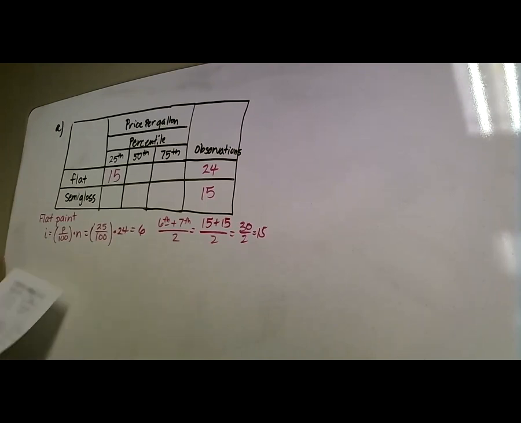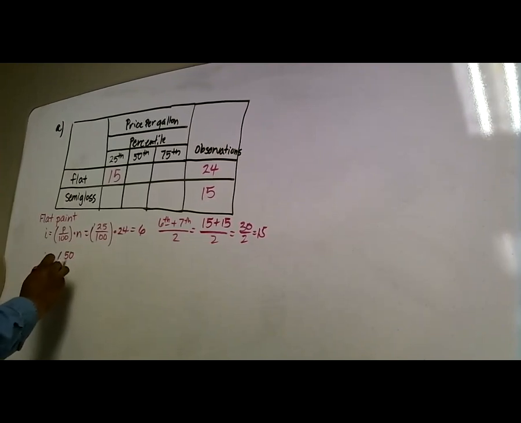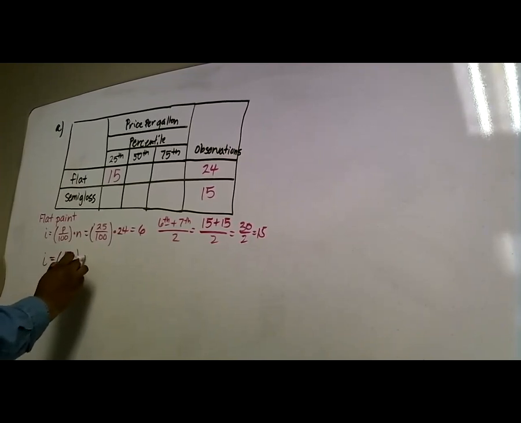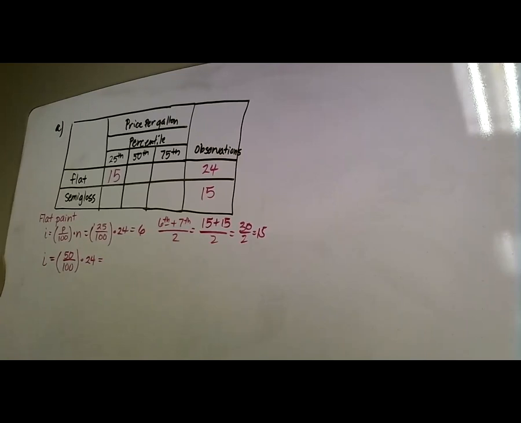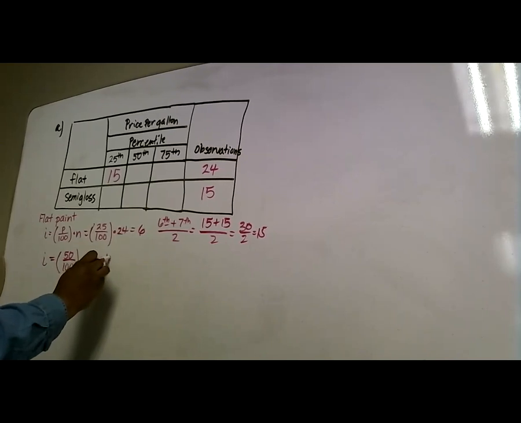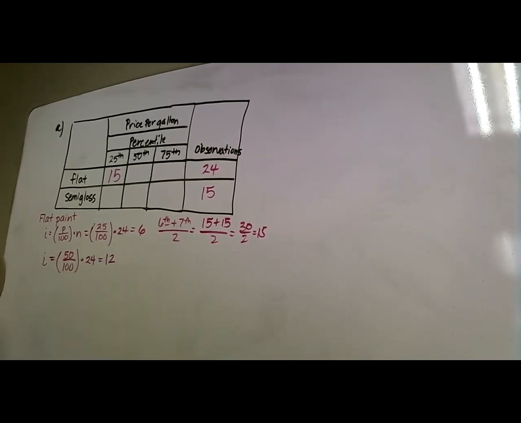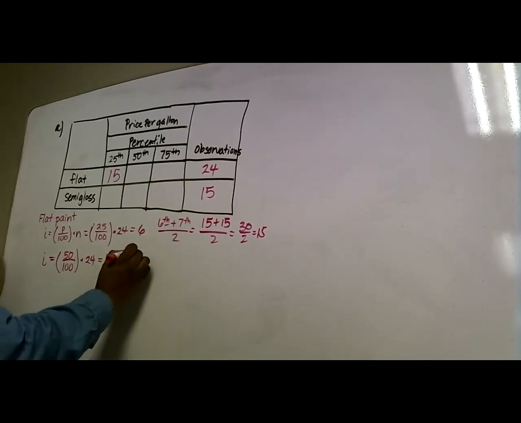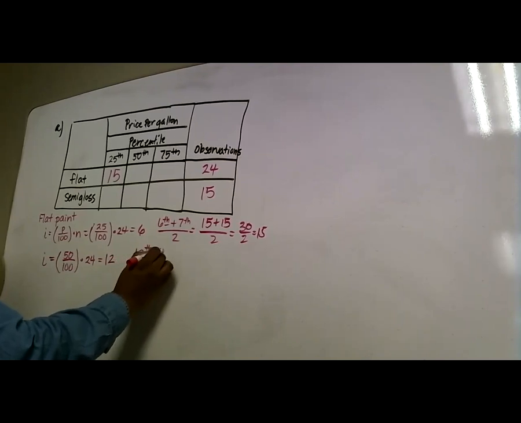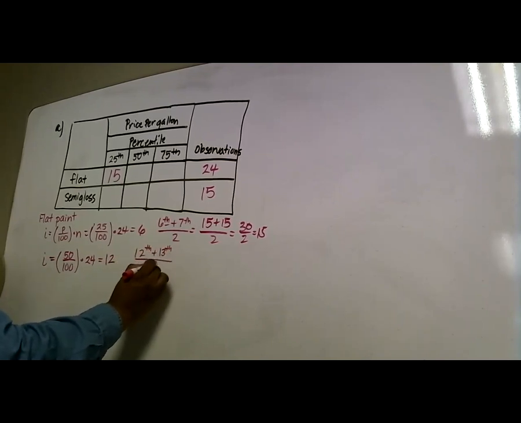Okay. And now for the 50th percentile, that would be I is equal to, this time P is going to be 50 divided by 100 times 24. So 50 divided by 100 times 24 is how much? Should come out to be 12. Again, that's a whole number, so I need the 12th number and the 13th number and divide by 2.